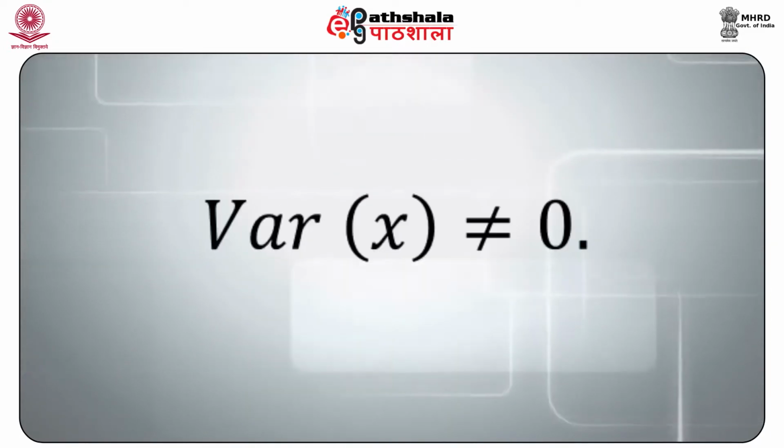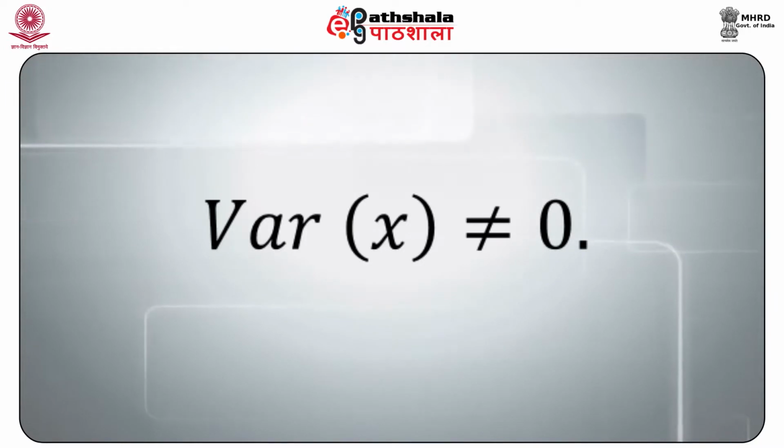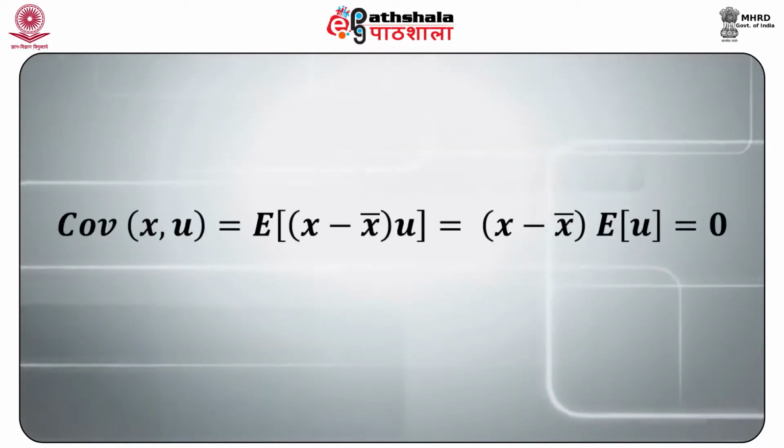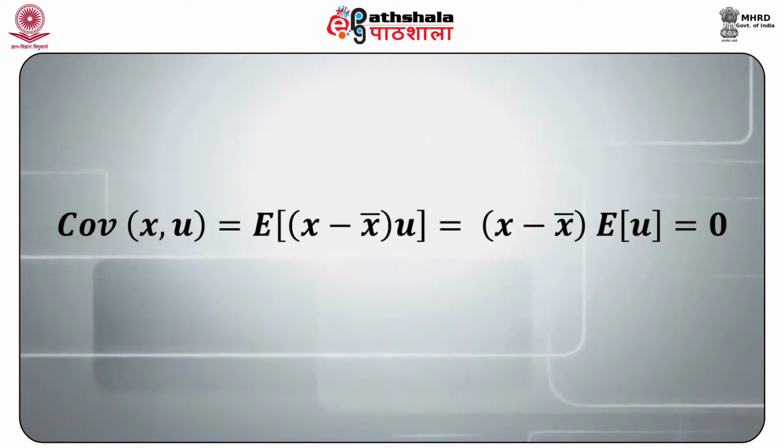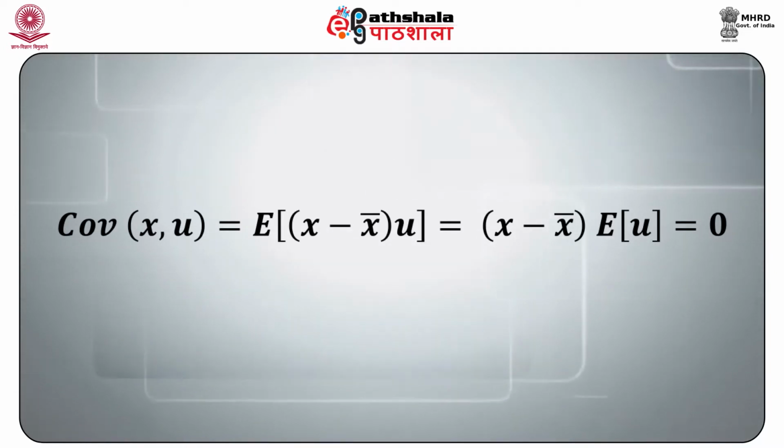This comes out to be equal to beta 1, provided variance of x is not equal to 0, because the covariance between x and mu is equal to 0, which we had assumed in our assumptions. So what we are trying to prove here is that the OLS estimator is a consistent estimator under the assumptions of the classical linear regression model.